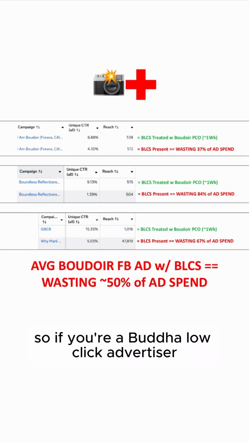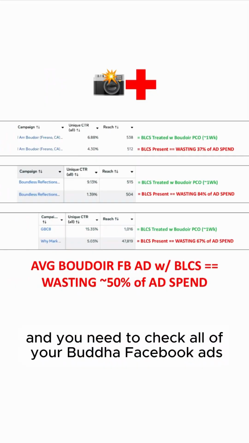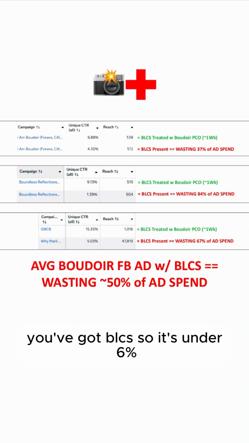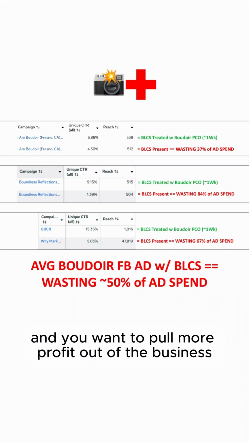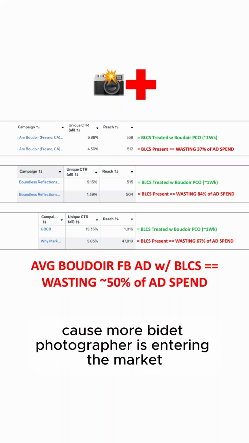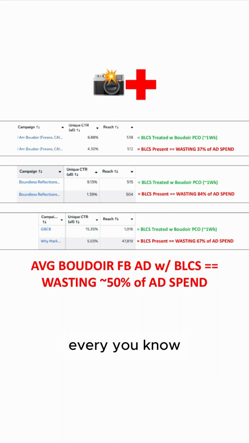So if you're a Boudoir low click advertiser and the unique CTR on all of your Boudoir Facebook ads is under 6%, you've got BLCS, and you want to pull more profit out of the business because there are more Boudoir photographers entering the market every day.